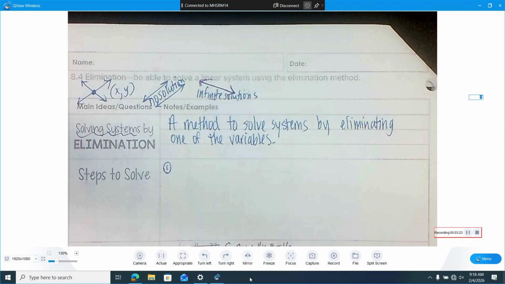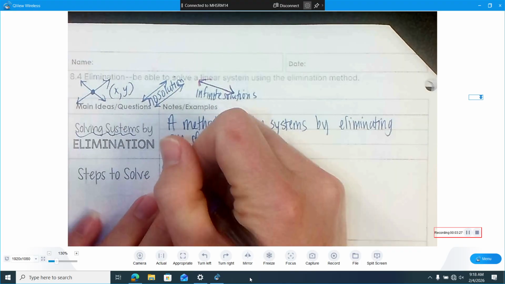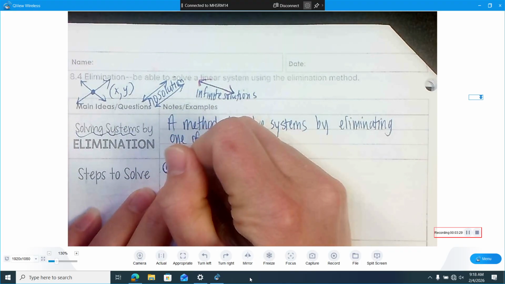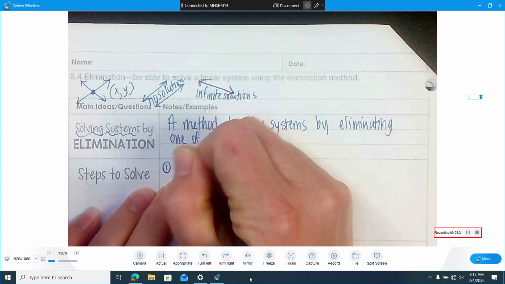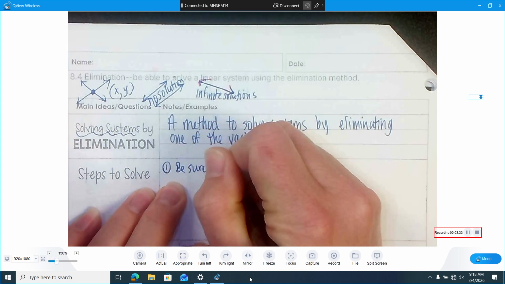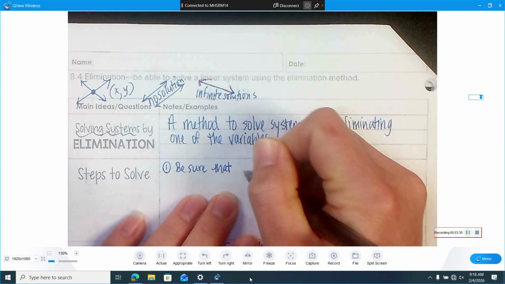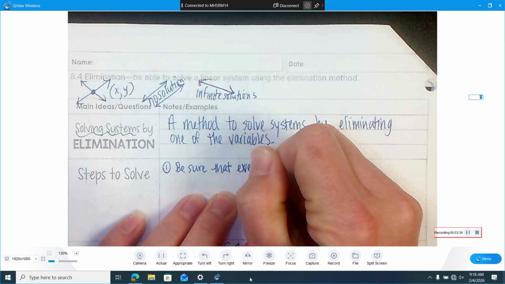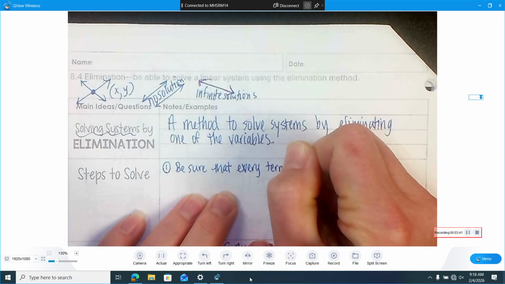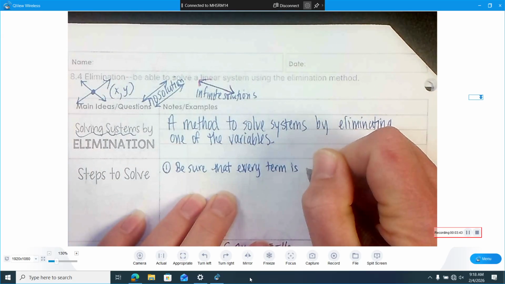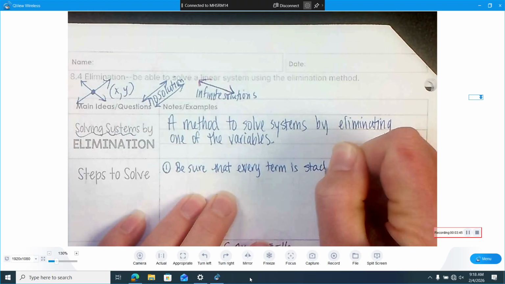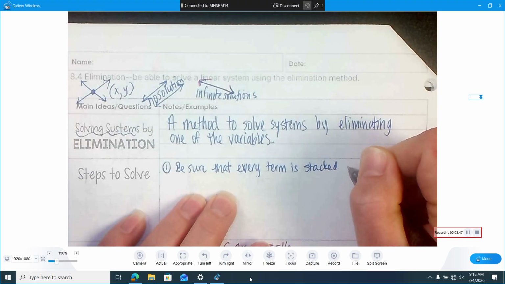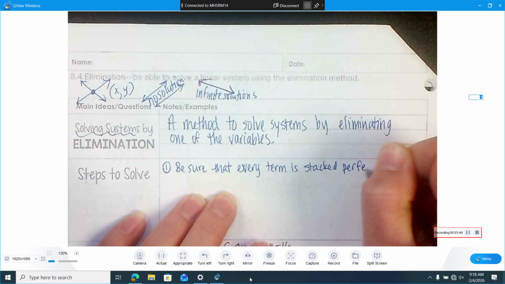The first step is we want to be sure that every term is stacked perfectly.